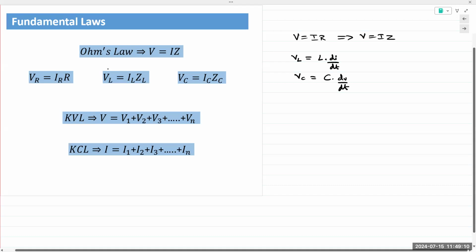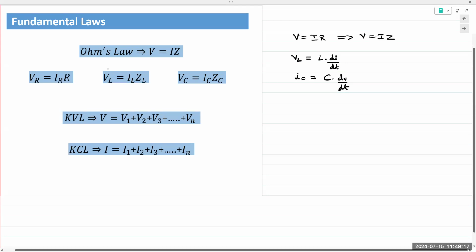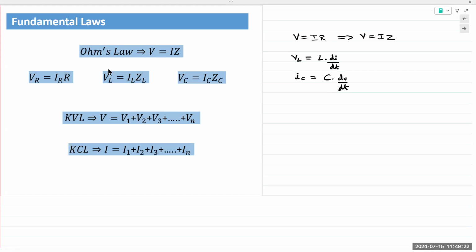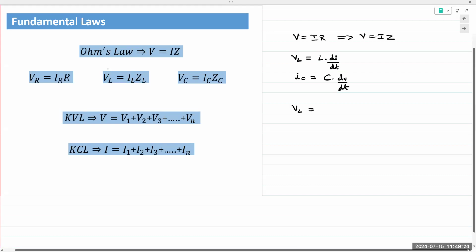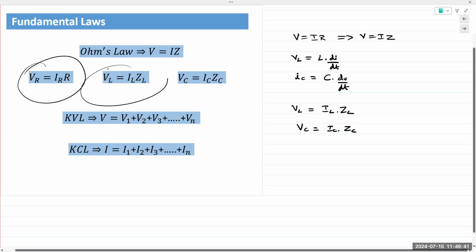And then we'd have to find the integral if you wish to find the other quantities. So IC is C dV over dt. Instead of doing this, all we'd have to do is find the impedance: IL times ZL, VC would be IC times ZC. No need to perform derivation, no need to perform integration. We simply apply Ohm's law as it is. So VR is equal to IR times R, IL times ZL, IC times ZC.